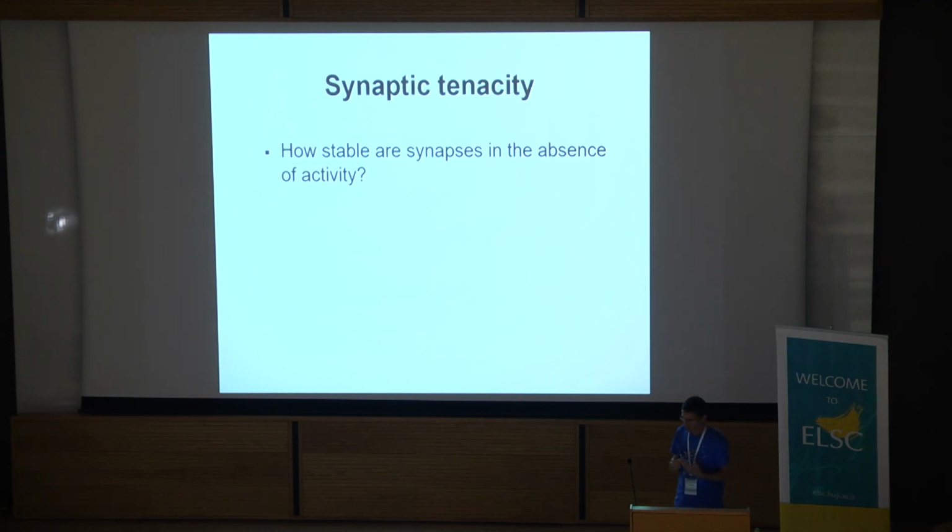And when you think of how, in a molecular sense, you could have stable synapses, it actually seems quite remarkable that it's even possible, because a synapse is not a sculpture made of stone that you chip a part of and then it stays there.